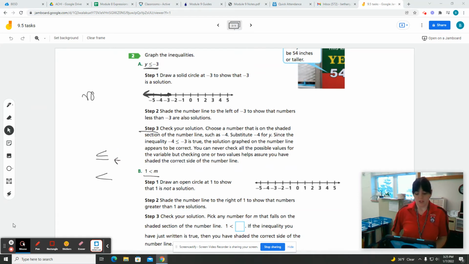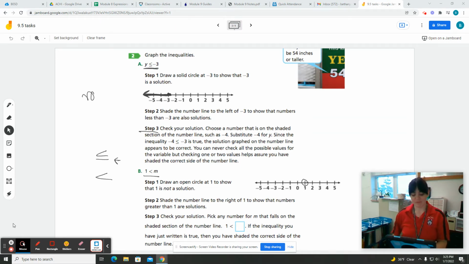So when we graph this line, we're going to use an open circle at number 1 to show that 1 is not included. I'm sorry, 1 is less than m. So m can only be something that's more than 1.